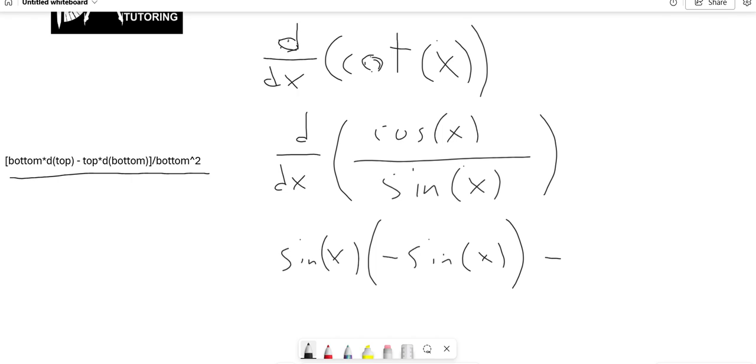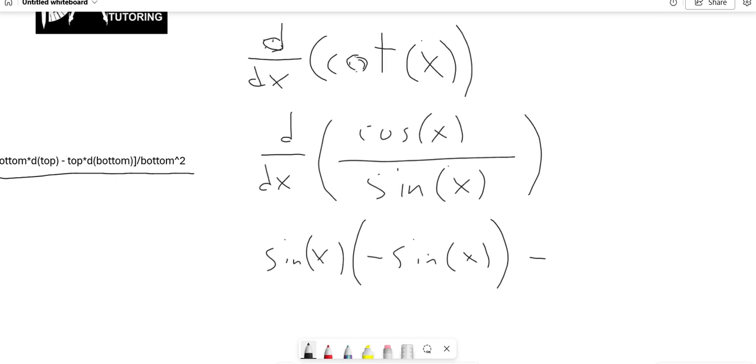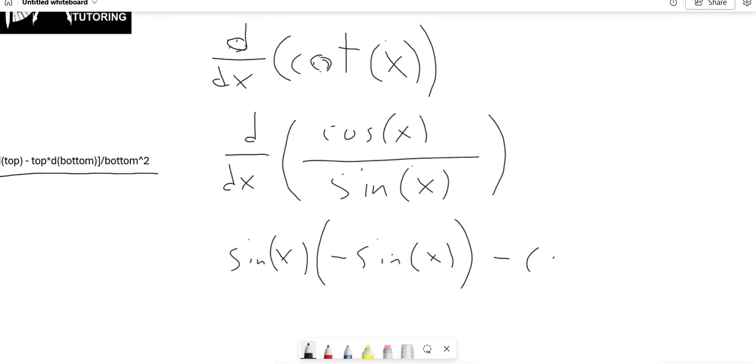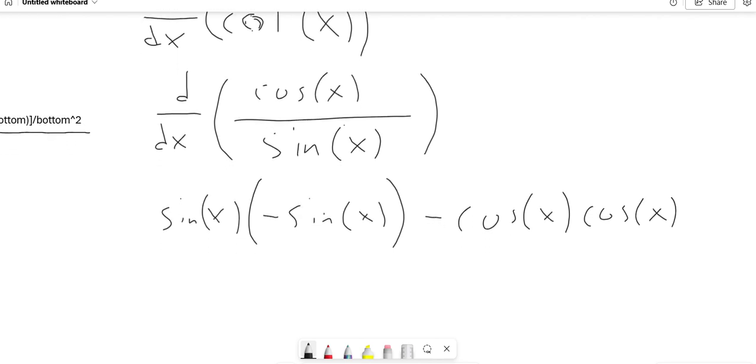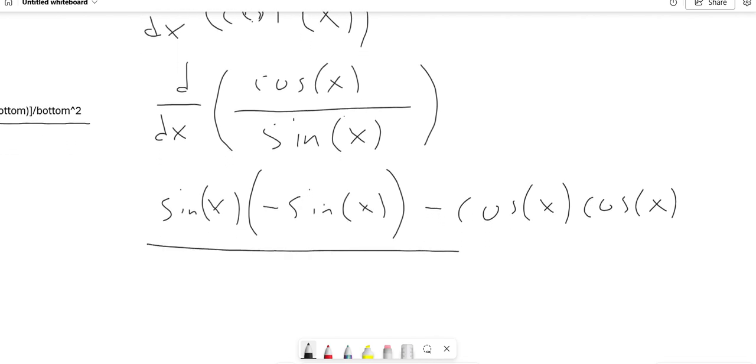Minus top d bottom. The top is cosine of x. The bottom is sine of x. The derivative of sine is cosine. So this becomes cosine of x times cosine of x for the top d bottom over bottom squared. So over sine squared of x.